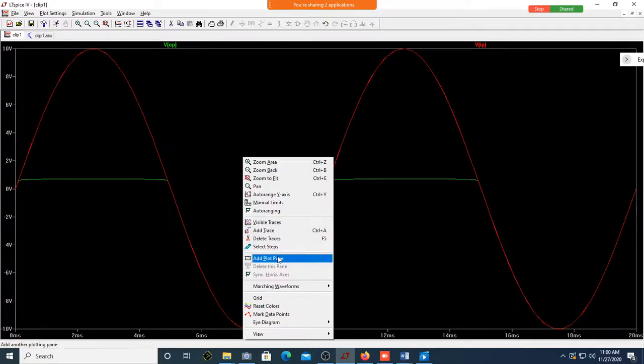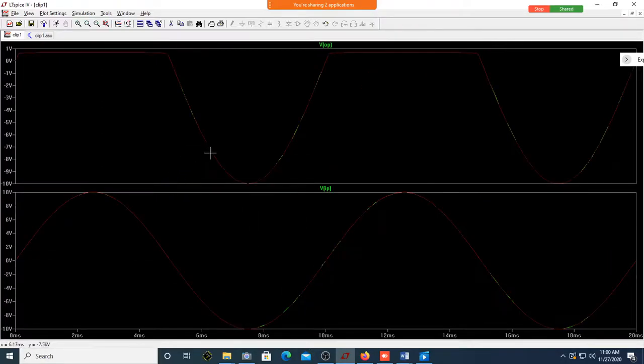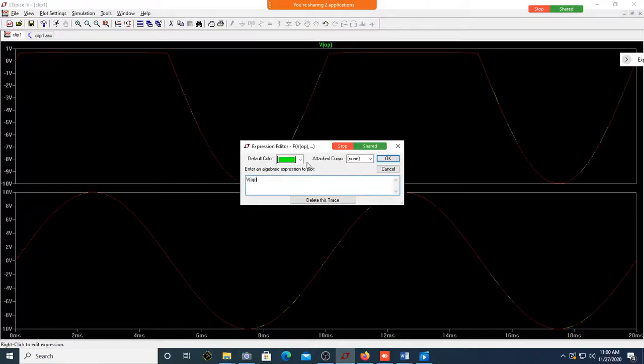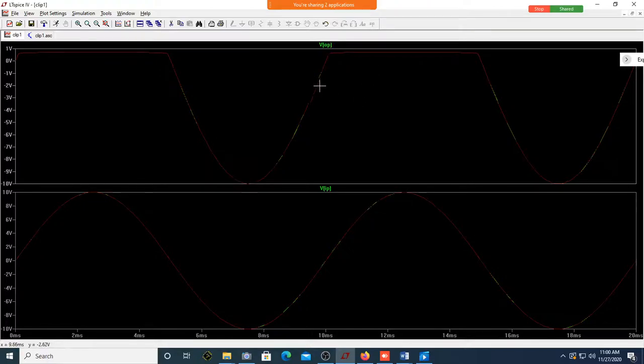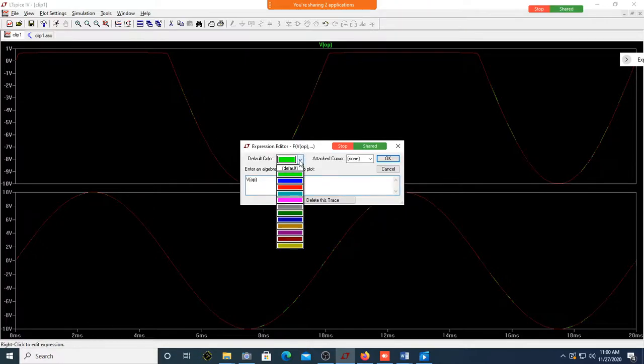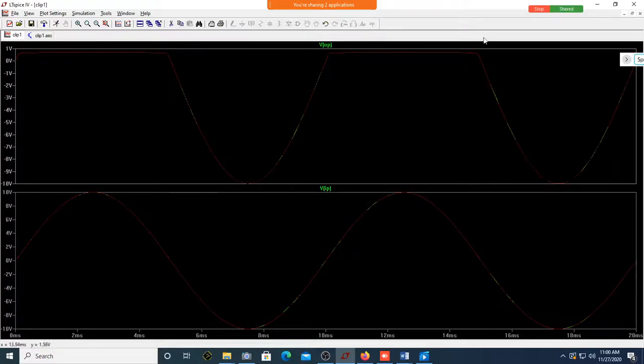Why is the color not changing to green? Right? Okay, remove and add it. It's also playing.